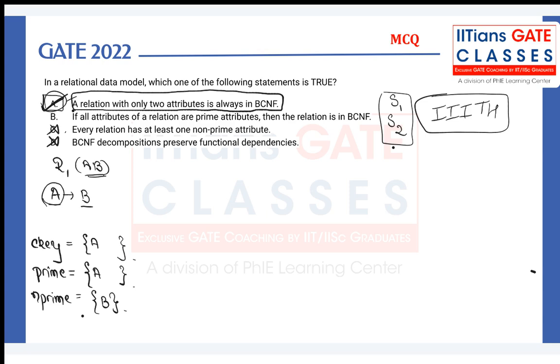Let's say I have a relation A, B, C, and a dependency like this: AB derives C, and let's say I also have C derives A. Who are the candidate keys of this relation? Anyone? What is the candidate key of this relation? It's AB.